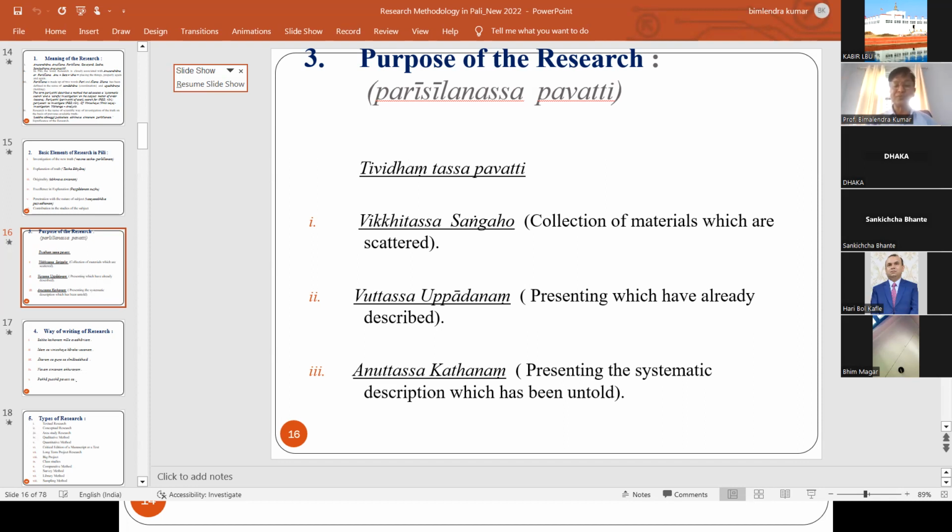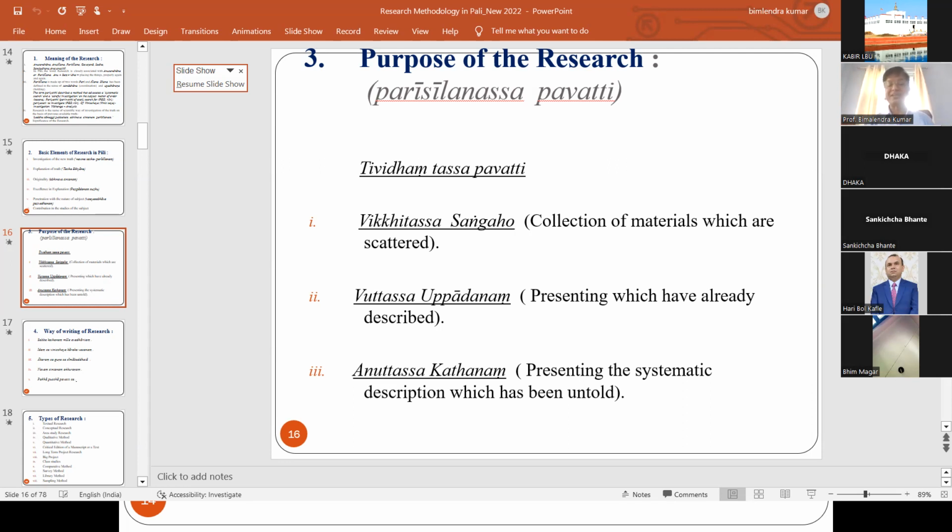Then the third purpose is how you are going to interpret or analyze the things which have not been done by our previous scholars. This is the third, which is called anutasya kathanam. That is, the statements which have not been told by our previous scholars. So this is the third one. And Bhuttasya Upadanam: first, you are presenting the statements which have been given by our previous scholars.